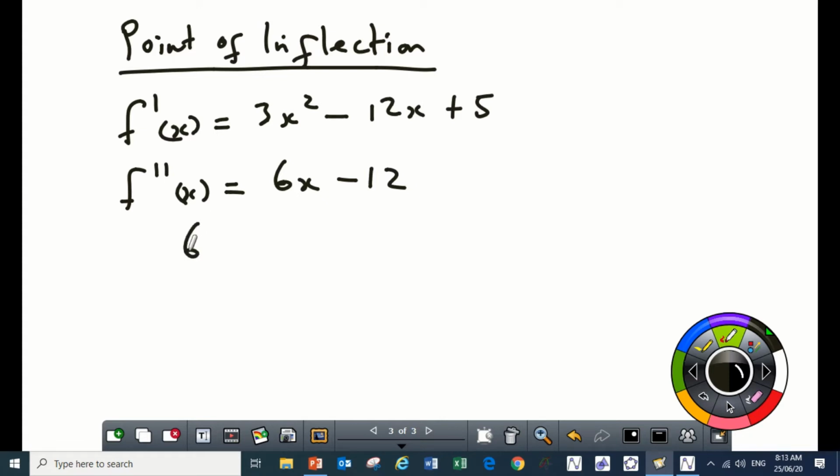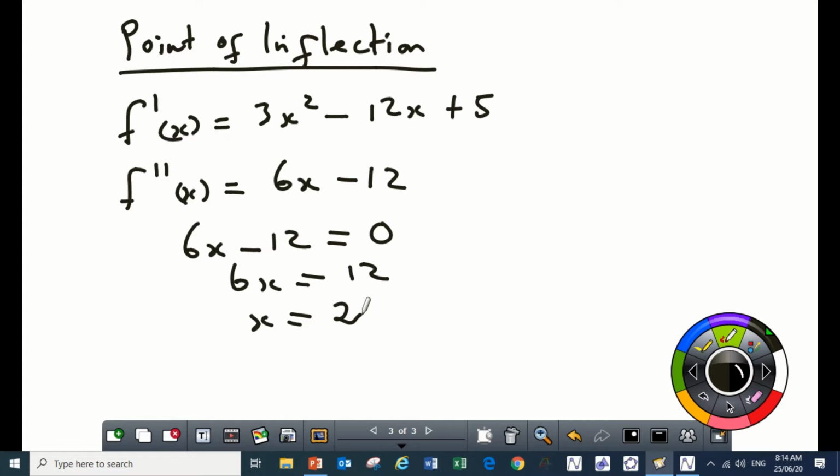So you end up having 6x minus 12 is equal to 0. So 6x is equal to 12, which means x will be 2. So at the point of inflection, where the graph changes, for this question, the graph is going to change from being concave down towards being concave up.